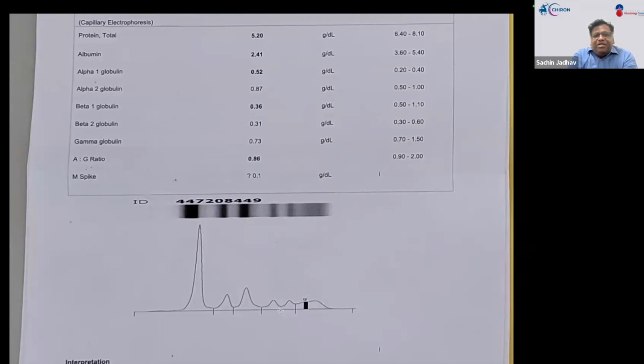Then you have a tiny beta 1 globulin, 0.31, and this is the gamma globulin. Within this entire gamma globulin, there is one band which looks like monoclonal, very tiny, 0.1 gram per deciliter, very tiny. So they are not sure what it is.